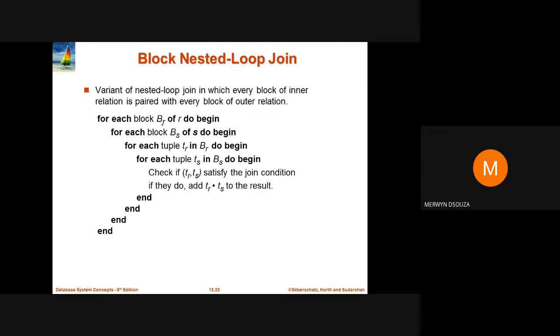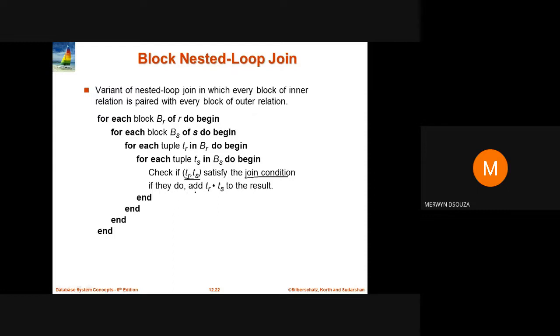For each block BR of R, do begin, inner loop. For each block BS of S, do begin, again inner loop. Now we start fetching the tuples. For each tuple TR in BR, do begin, and for each tuple TS in BS, do begin, and then we check whether TR and TS satisfy the join condition.